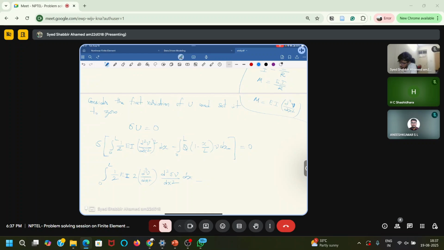And now we also have to apply here. Because v is like a single term here, I can directly apply over the variation, and this should be equal to 0.